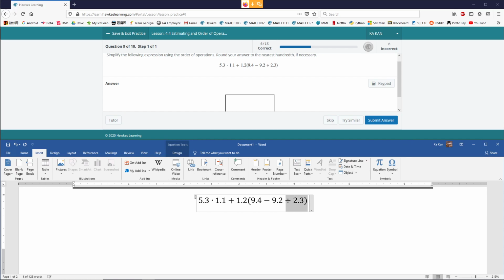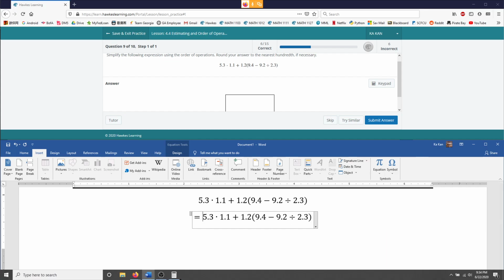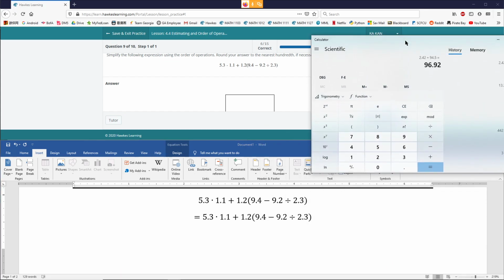So this time, let's see if we can do this just a little bit faster, right, since we're a little bit more comfortable now. So first, I'm going to identify what we need to do first, right? Parentheses, right? But the division, of course, comes first, right? So here's what I would do. I'll go ahead and do 9.2 divided by 2.3.